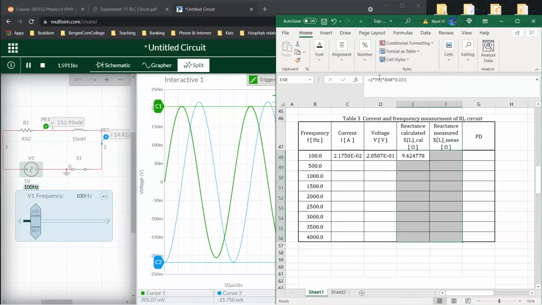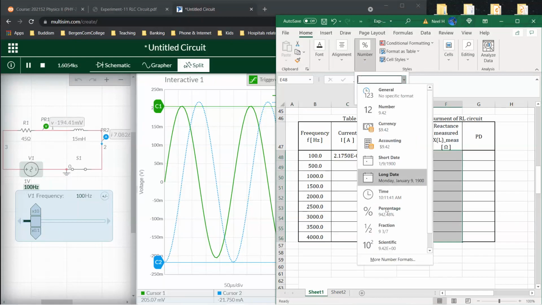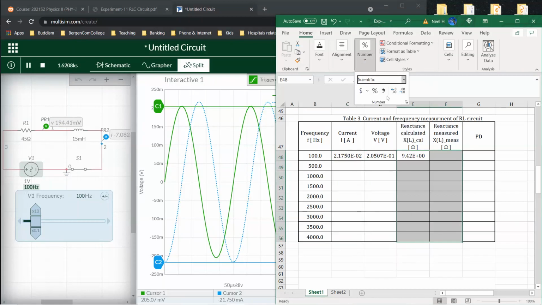This too will also be put into scientific notation. All right. Reactance measured is equal to voltage divided by the current. About the same. Okay, this one is actually even much closer. 4285, 4248.